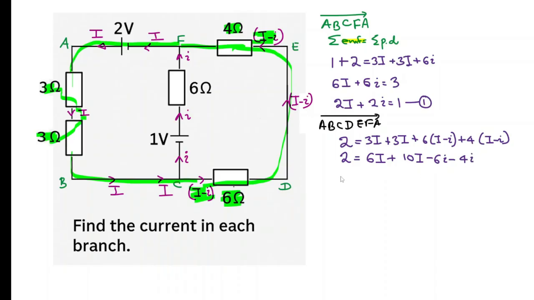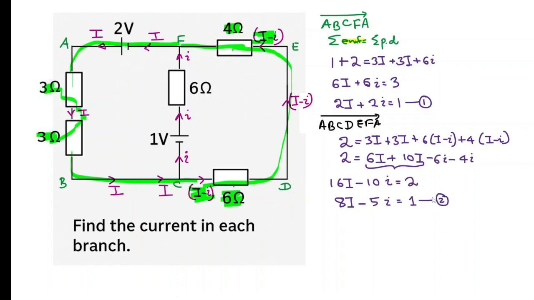Let's simplify it further. 6I add 10I is 16 capital I. Minus 6i minus 4i is minus 10i is equal to 2. I can half everything. So 8I take away 5i is equal to 1. This is the second one.